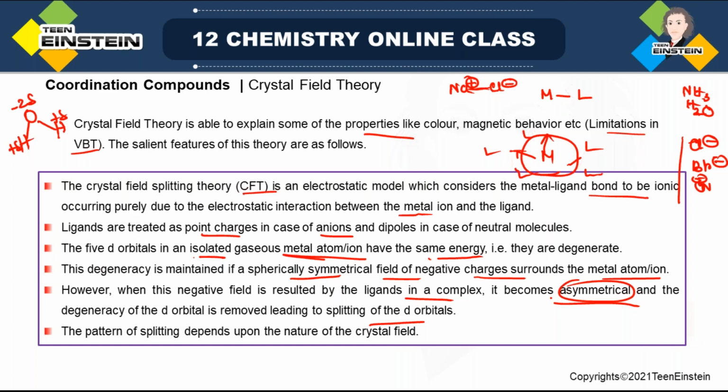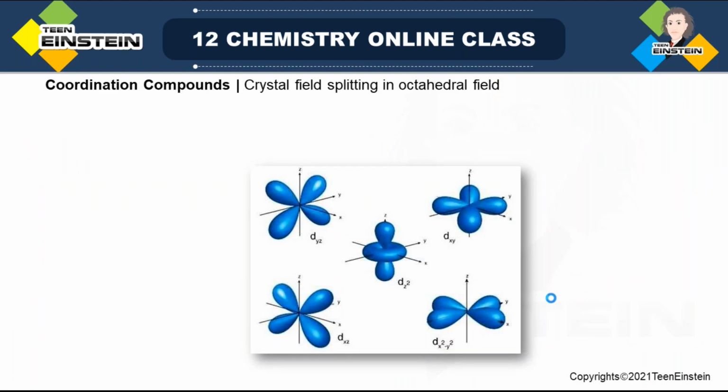So just forget about metal-ligand, forget about crystal field theory, just focus on the d orbitals, how the 5 d orbitals of metals actually are. Then only we can understand how these d orbitals are interacting with the ligand. So in the next slide, you can see here we have 5 d orbitals.